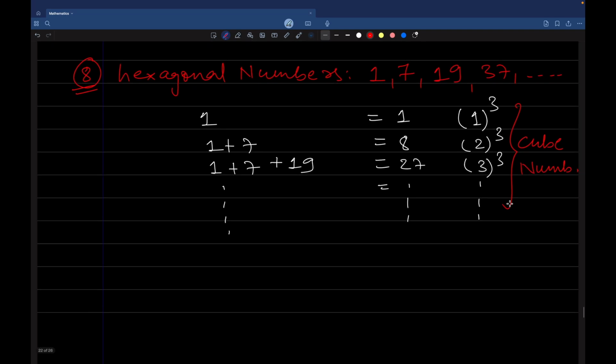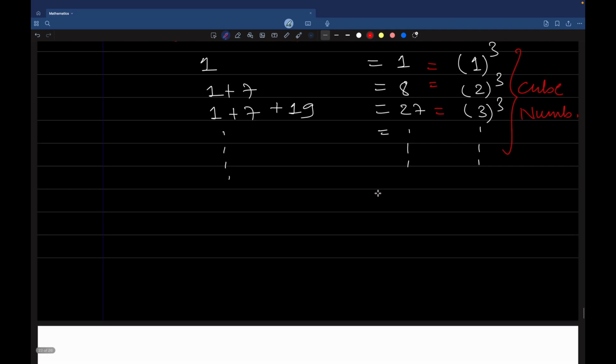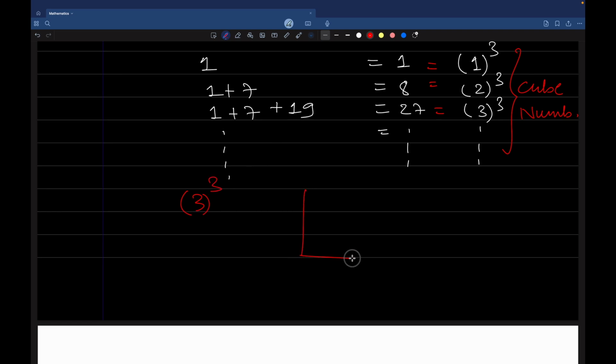If we try to represent these numbers in a pictorial way, we have discussed in the last lecture. Let us try to draw for 3 cube. The representation we get is 3 in 3 directions. This is 3 cross 3 cross 3 in the backside direction.